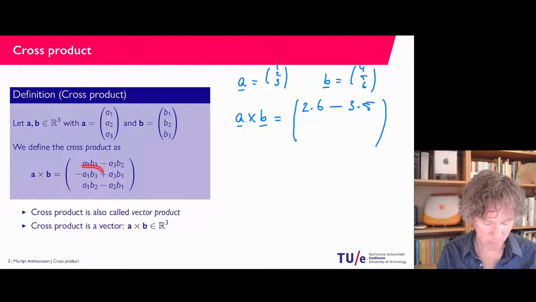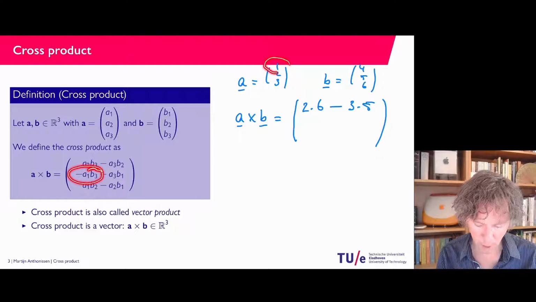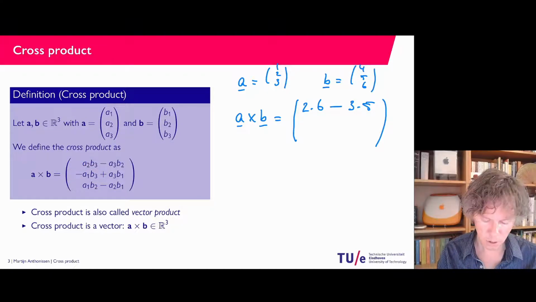Second component, minus A1 times B3, so this minus 1 times 6, plus, and then we get A3 B1, so that's 3 times 4.